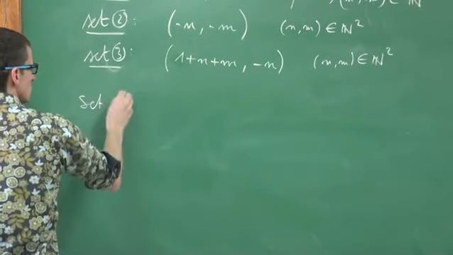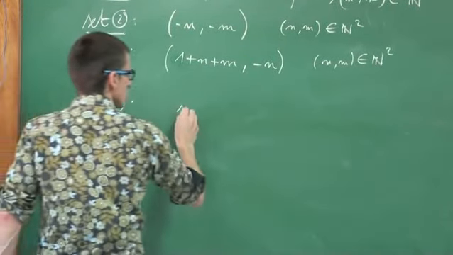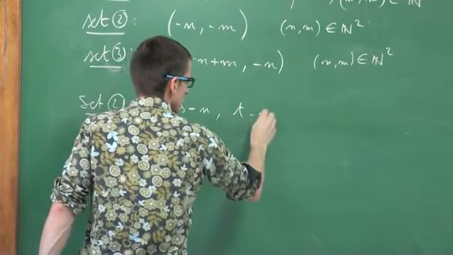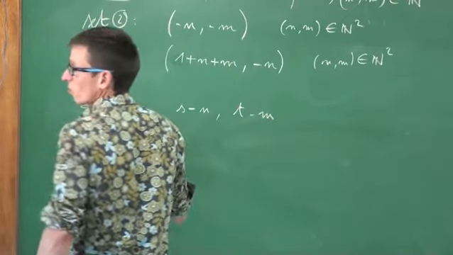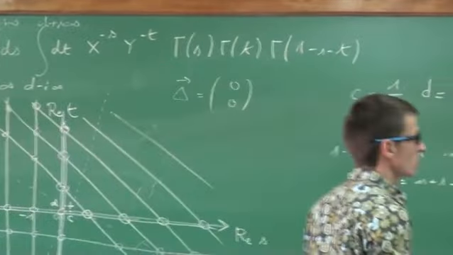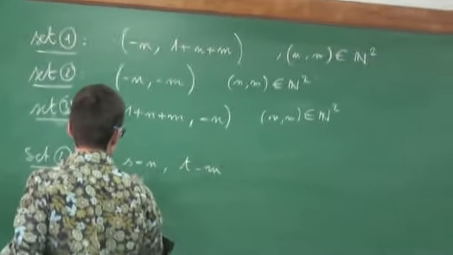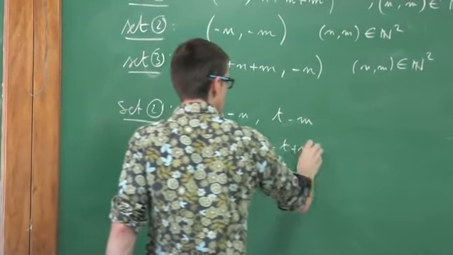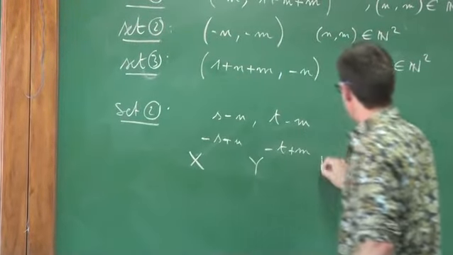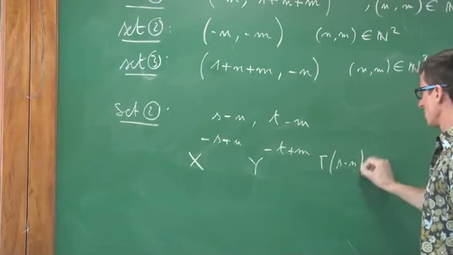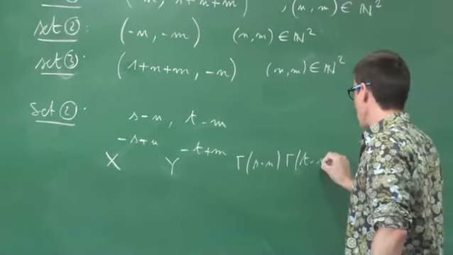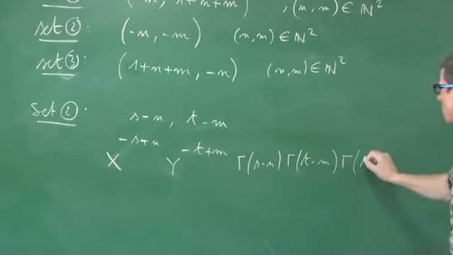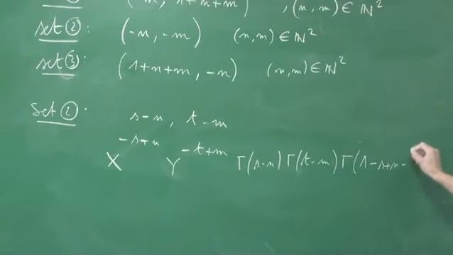Let's perform it. So, set 2. We do this change of variable. So, in the front, here, we will find x to the power minus s plus n, y to the power minus t plus n, gamma of s minus n, gamma of t minus n, gamma of 1 minus s plus n minus t plus n.